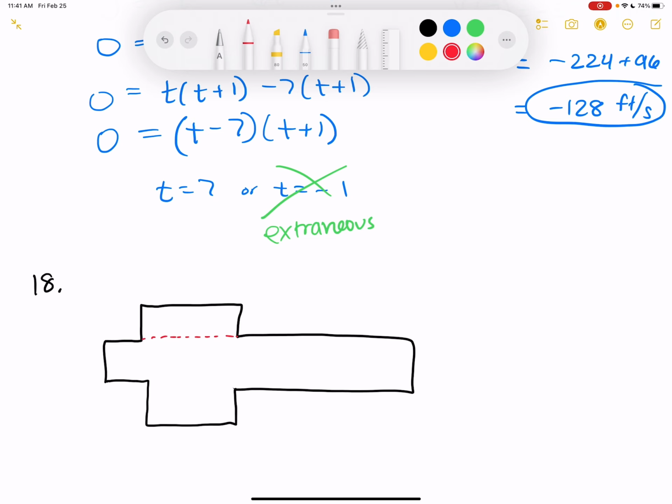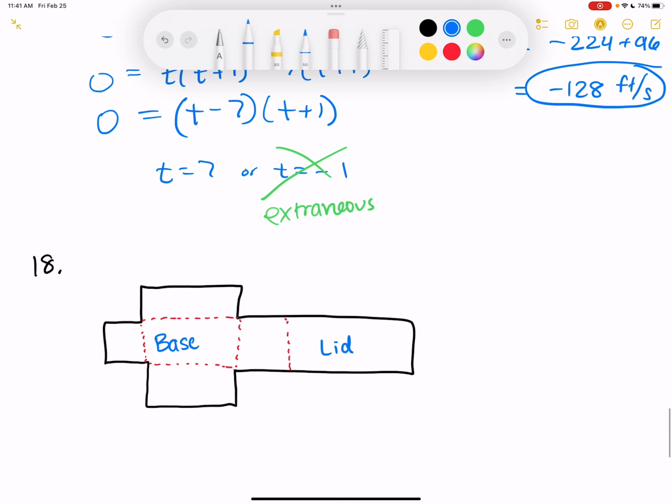The dotted lines indicate where the fold is occurring. And then this is the base. This is the lid. We probably won't actually finish this problem. Well, we might. It's not really that bad. Oh, I see. It folds into a box with a lid.